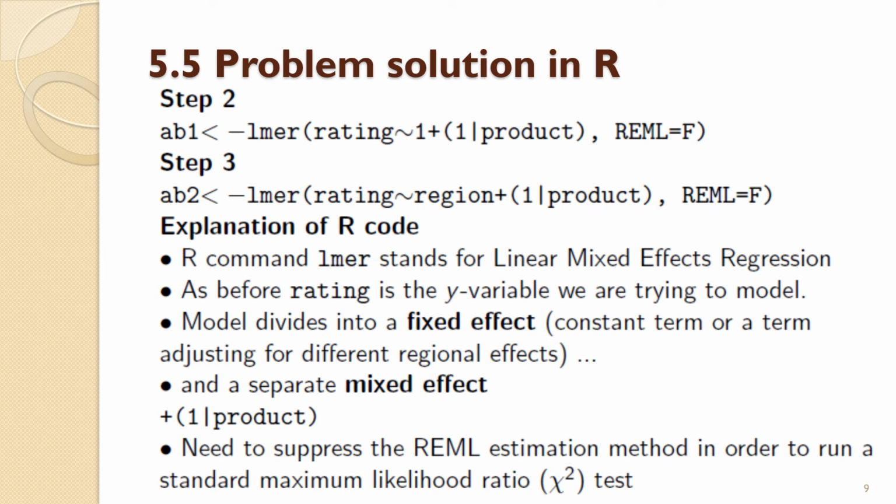Put in here REML equals FALSE. Call the next one something slightly different, and again, this is a linear mixed effects regression model, hence the use of the term lmer. Rating, region, correlation caused by repeat measurements from the same hotel, and again, REML equals FALSE.